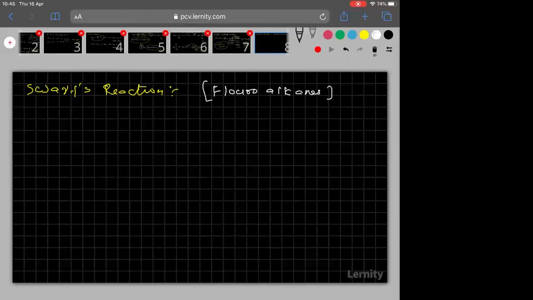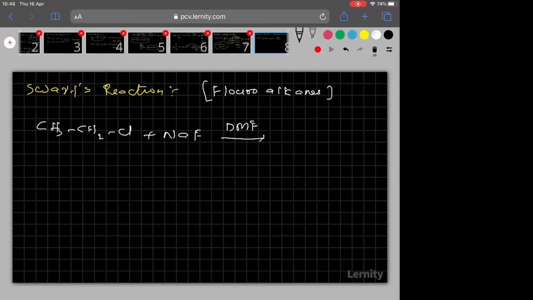So here, let me write the reaction. See clearly. CH3CH2Cl, chloroethane. When chloroethane is treated with NaF, sodium fluoride, in presence of a solvent called DMF. What is DMF? Dimethyl formamide.